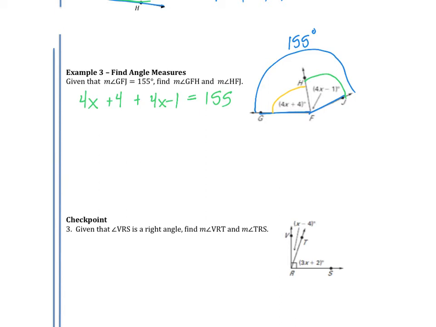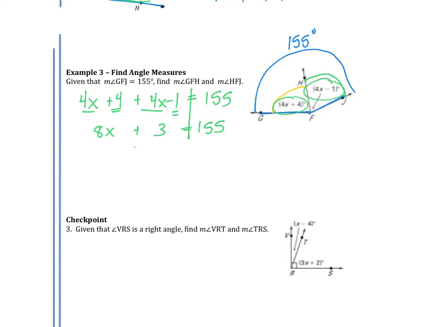So you take the two pieces, the 4x plus 4 and the 4x minus 1. So now we're solving this. Remember that equal sign kind of splits it in half. So on the left side, let's combine what is 4x plus 4x? 8x. What is 4 minus 1? 3. And it equals 155.